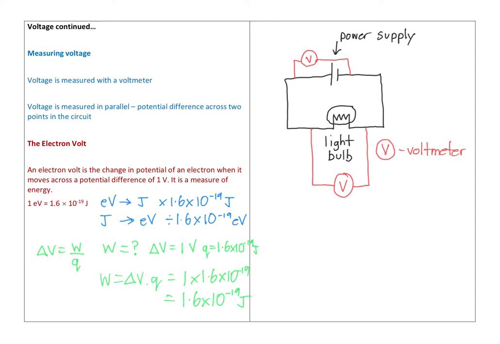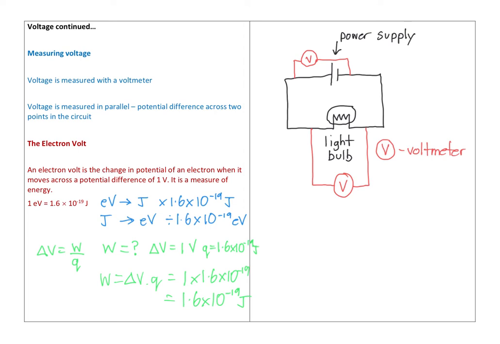When we're dealing with individual charged particles like electrons and protons and how much energy they have, we often use electron volts. We also used electron volts to describe how much energy the particles from radioactive decay had in our last topic. Typically there we talked about mega electron volts, so millions of electron volts, because the particles of radioactive decay are moving really fast.